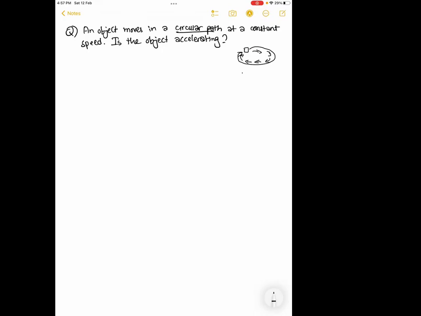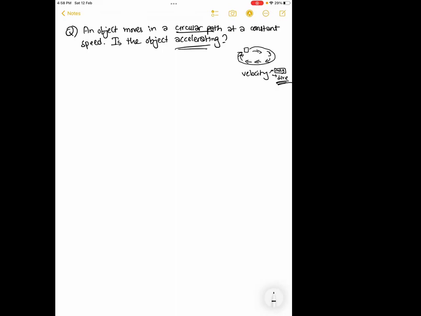And like we know, velocity has a magnitude and also a direction. Even though the magnitude is the same, because the direction is changing, it means it is accelerating. Acceleration means the change in velocity, right? Because the direction of the velocity is changing, the velocity is actually changing, so it is accelerating.